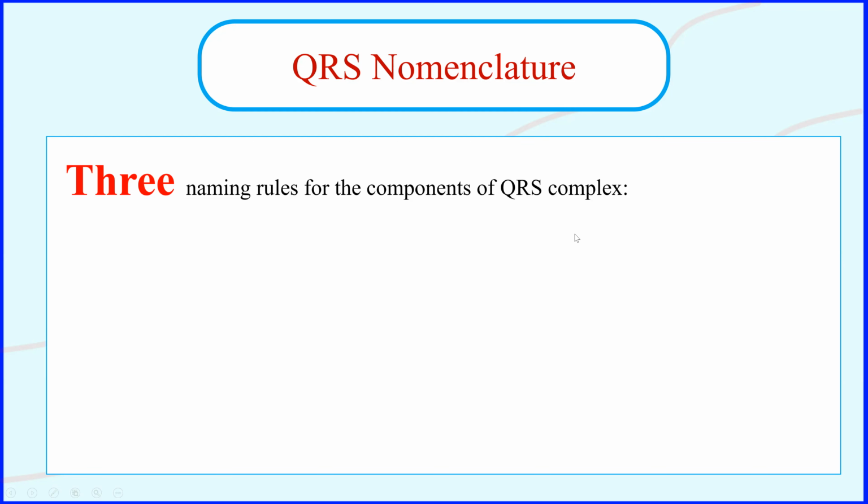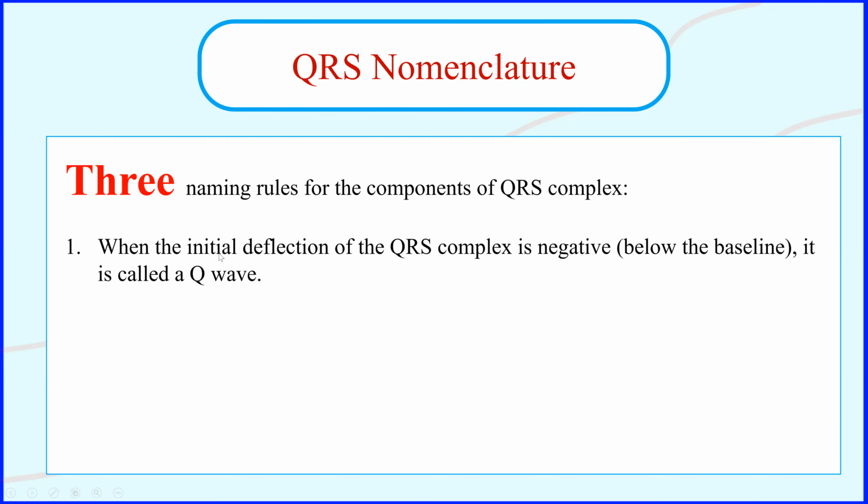name QRS complex. The first rule is the initial deflection in the QRS complex, if it is negative. What does negative mean? That means it's below baseline, okay? And in video number 3, we'll talk about the isoelectric line and how to precisely determine the baseline.